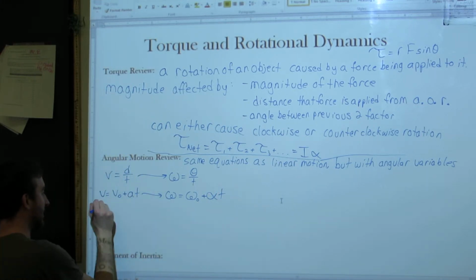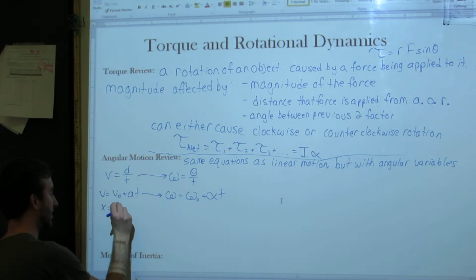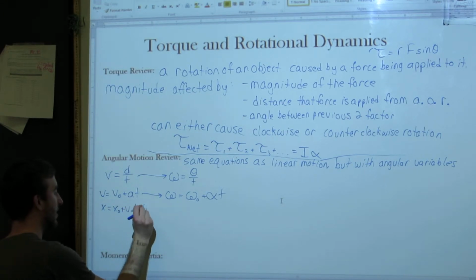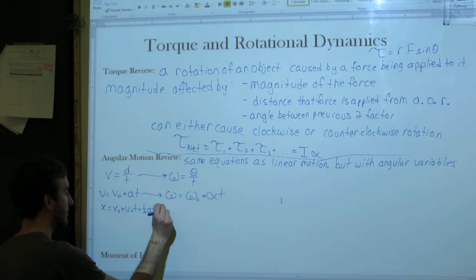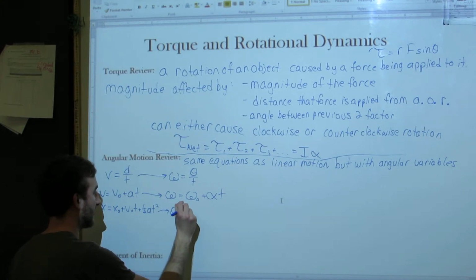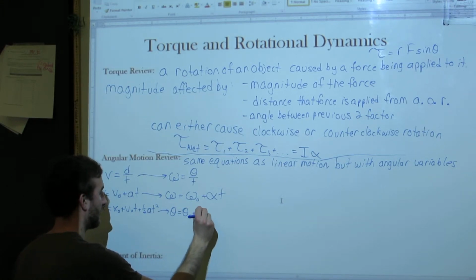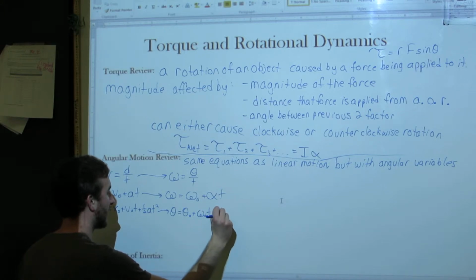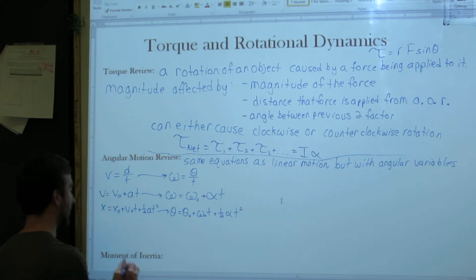Let me just write the other ones down for you. x equals x naught plus v naught t plus 1/2 at squared becomes theta equals theta naught plus omega naught t plus 1/2 alpha t squared.